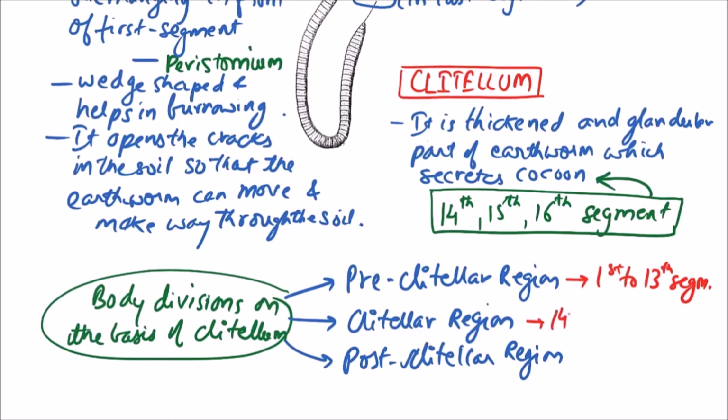Clitellar region 14th, 15th and 16th segments, while 17th segment and onwards up to the anus or last segment of the body constitute the postclitellar regions.